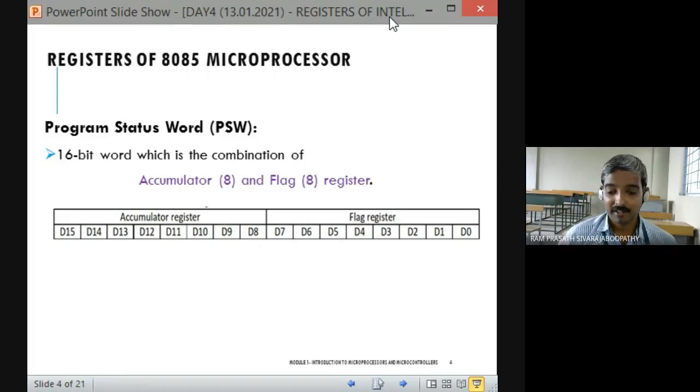Is it clear for you or any doubt? When we write a program and use PSW, what is the meaning? We say accumulator and flag register together as PSW. Fine? Okay, later when we study programs we can understand how this can be used in the program. Okay, PSW. Fine? Next.